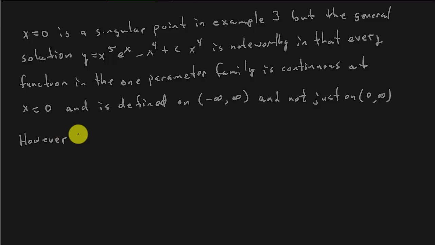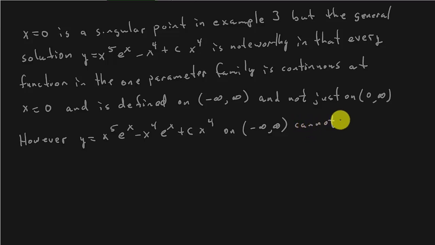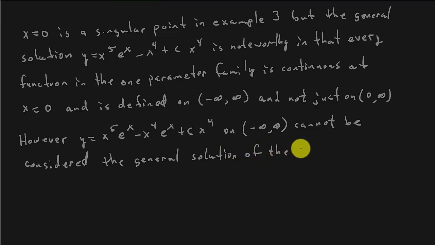However, y equals x to the 5th e to the x minus x to the 4th e to the x plus cx to the 4th on negative infinity to infinity cannot be considered the general solution of the differential equation, because of the singular point x equal 0.